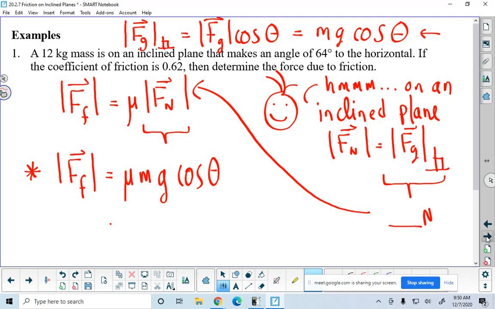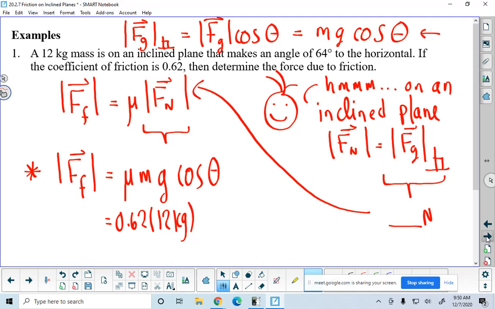So now I can put in mu, which is 0.62, the mass, which is 12 kilograms. Are the numbers in my question the same as the numbers in yours? Thank you, Andrea.